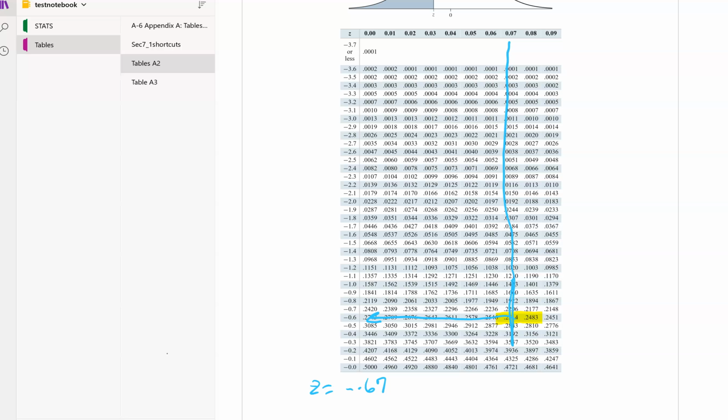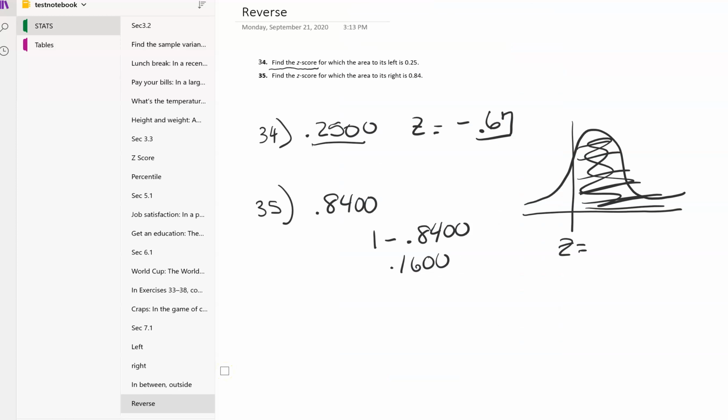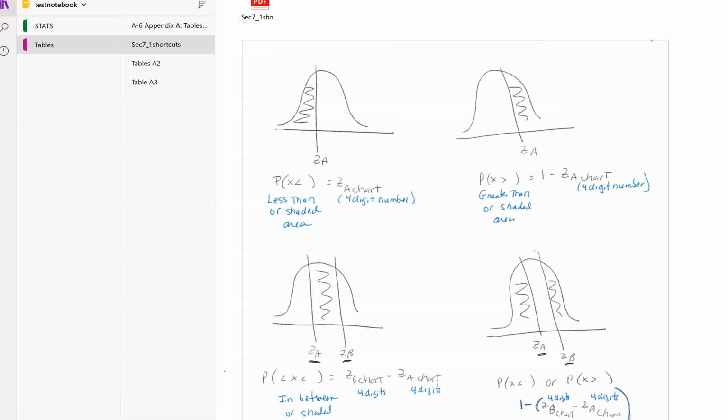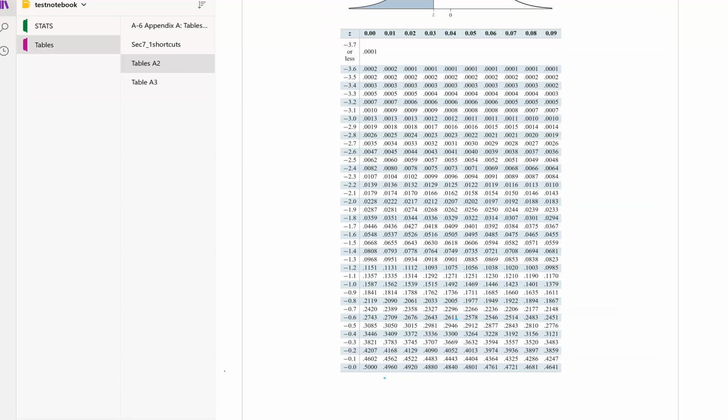So I go to my tables and I'm going to look up a negative point, or 0.1600. Let me rewrite that. Not negative, it's a point. So I go to the tables and I want to find 0.16. So 0.16 is 8587, and this is 611.